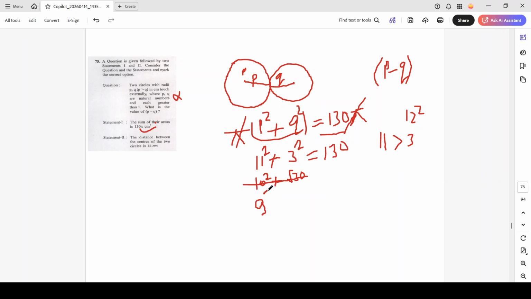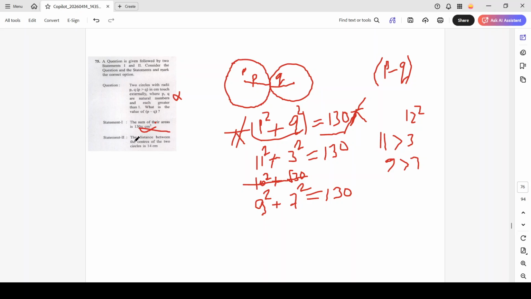What is 9 square? 9 9 ja 81 and 81 plus 49 is 130. That means 7 square. This is also satisfying the 130. That means we have 9 greater than 7. So we have the values of P and Q in two forms: one is 11, 3, one is 9, 7. So we cannot find the answer using statement 1 alone.